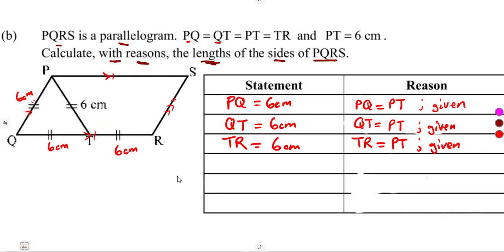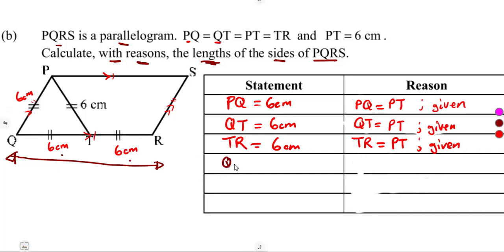So therefore, the whole side of the given quadrilateral, which is our parallelogram, from Q to R, can be calculated. We can calculate that one. From Q to R. We just add 6 and 6, which is 12.